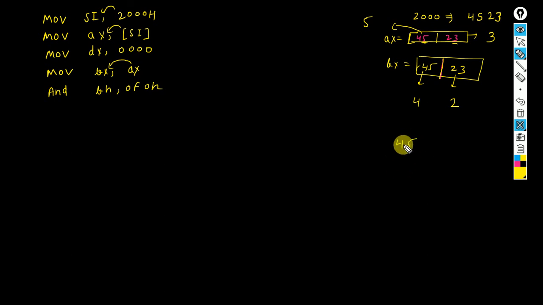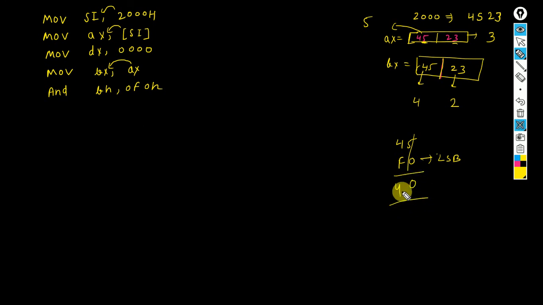For masking, write F0. Here we want the 4, so we mask the LSB, so this is 0 and this is 4.